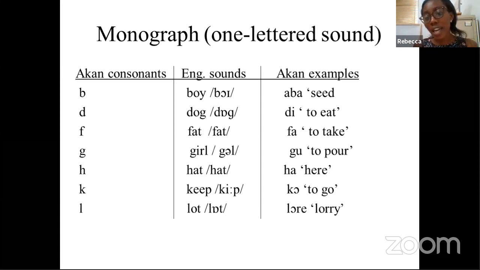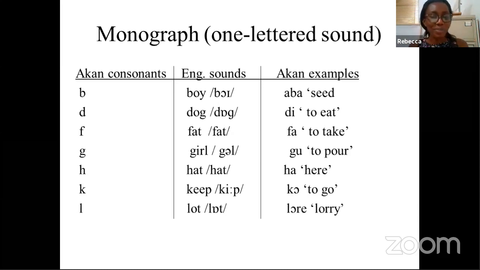We see that in the Akan word aba, which means seed. And we have the d in dog, in the word di, which means to eat. We've already looked at that word. Let's come to the f in the English word fat. And we have that kind of example as fa, which means to take.